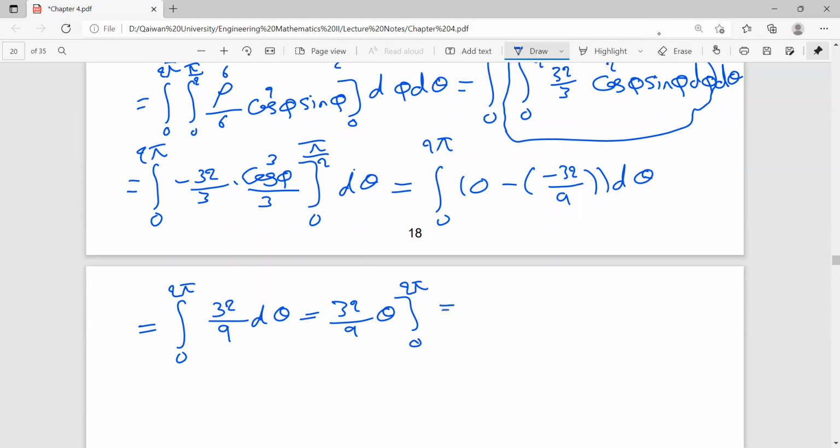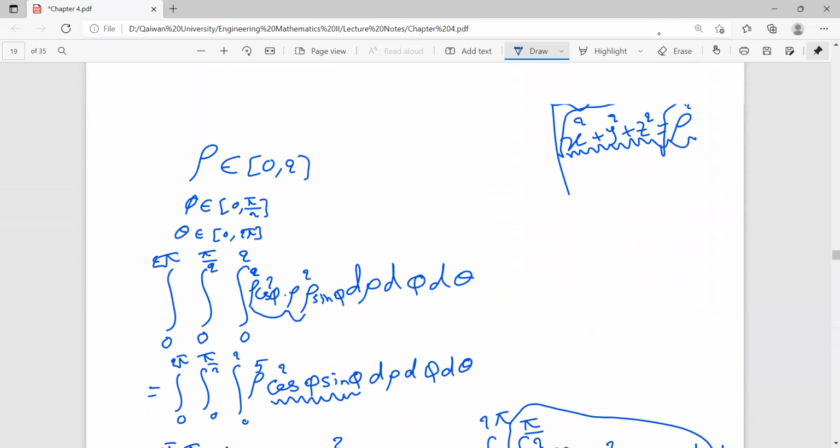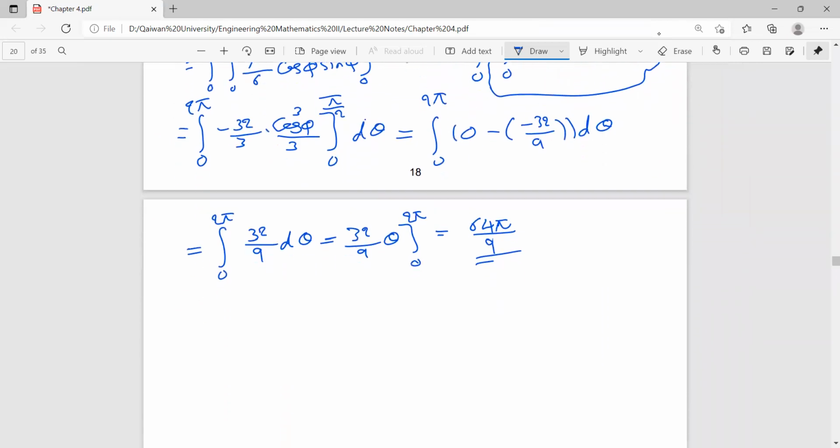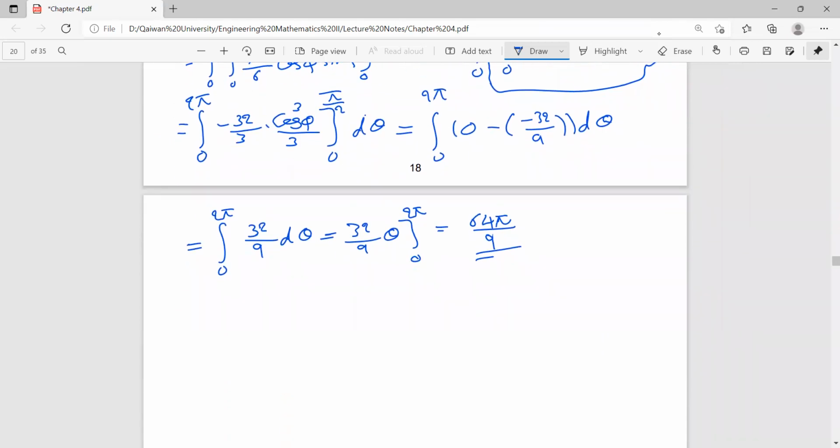And this equals to, we replace theta by 2 pi first, then by 0. When we replace by 2 pi, we get 64 pi over 9 minus. When we replace by 0, we get 0. So the result of the triple integral is 64 pi over 9.